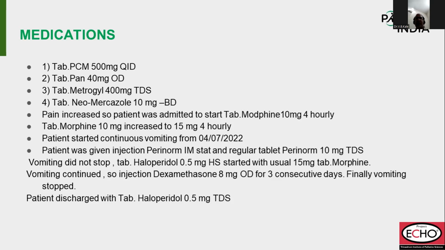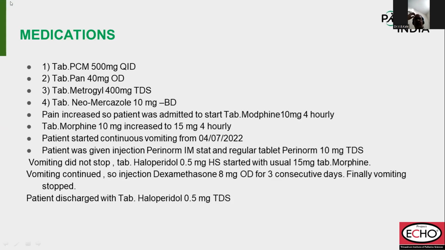The patient started continuous vomiting from 4/7/22. The patient was given injection Perinorm intramuscular 10 milligram and regular tablet Perinorm 10 milligram TDS. Vomiting did not stop. So as second line, tablet haloperidol 0.5 milligram HS was started, and the usual 15 milligram of tablet morphine was continued.